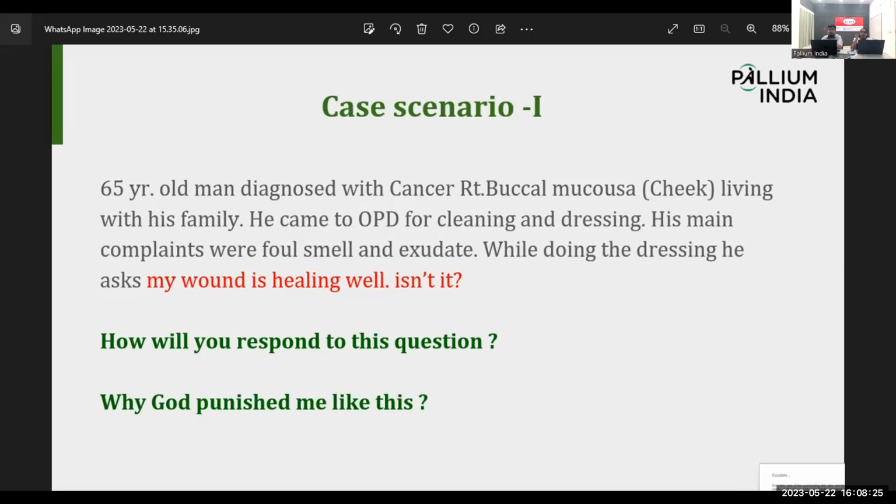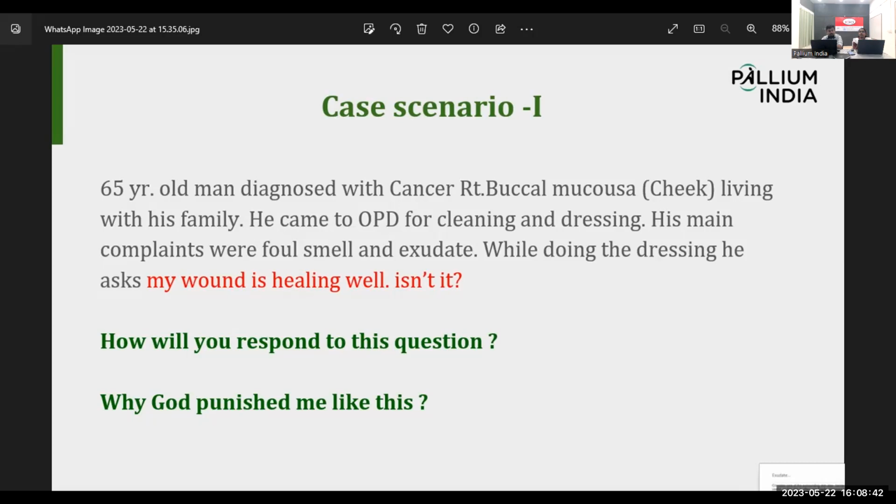Nobody is there to clean his or her wound. Nobody is allowed to enter into the dining hall or work area or anywhere. They always keep the patient in a separate room.